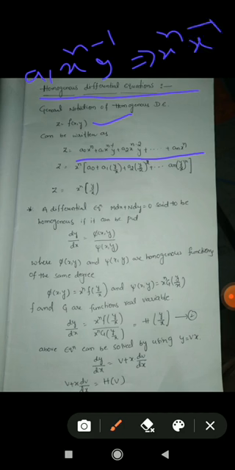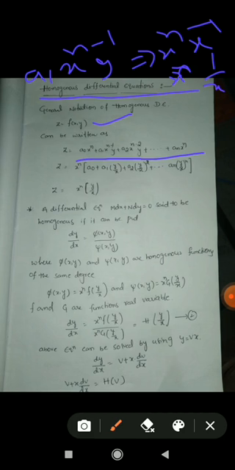What remains? In the first term, after taking x to the power of n, the remaining term is a0. For the second term, a1 x to the power of n minus 1 into y, here x to the power of n minus 1 we can write as x to the power of n into x to the power of minus 1, which is 1 by x. So after taking x to the power of n, the remaining term is a1 into y by x, plus a2, and the same process is applied to the next terms.